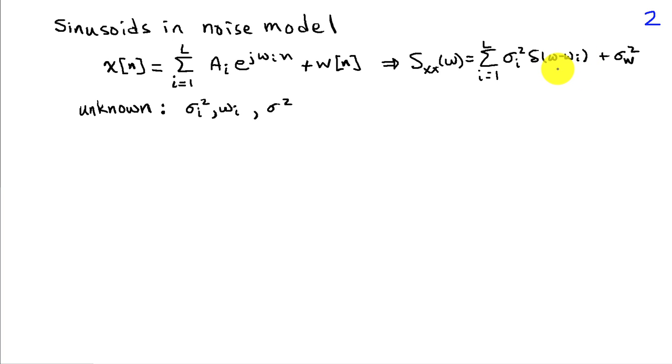In other words, there's a variance of sigma_i squared at frequencies omega_i, and then there's a background constant level, or the white part of the spectrum, sigma_W squared. And here, the unknown parameters are the powers of the amplitudes, or the variance of the amplitudes, the frequencies, and the white noise power level or variance. If I know these parameters, then I can write down the power spectral density.